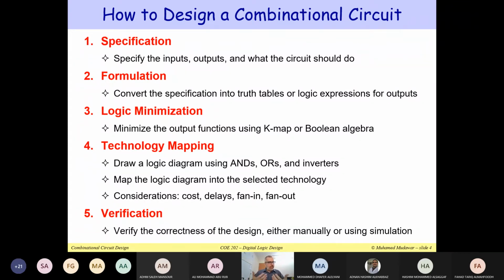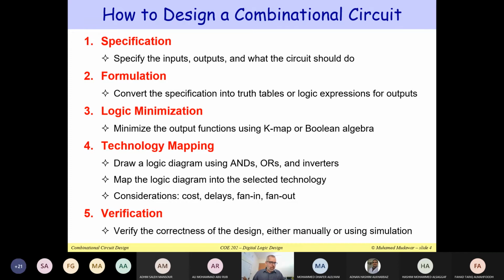Then after you have obtained these equations, you can draw the circuit. In the case of logic minimization, if you have multiple outputs, as we have seen in the previous presentation, you can extract the common terms and start sharing gates. Then you go to technology mapping. Now you say what type of technology we are using.